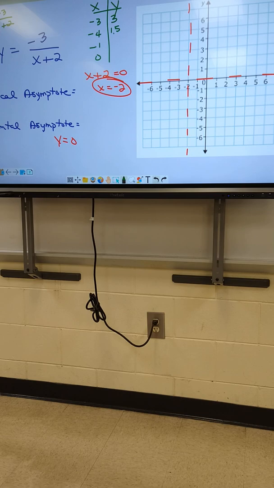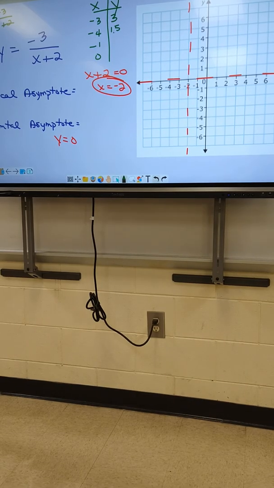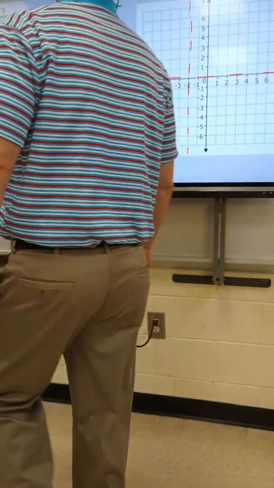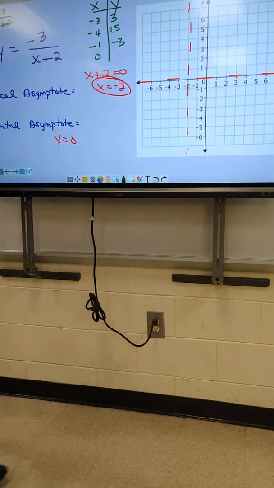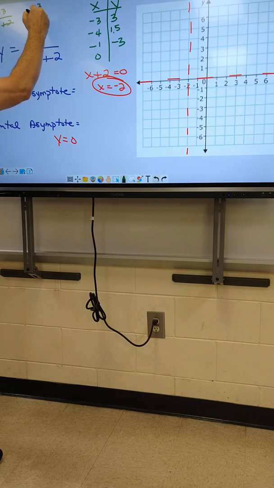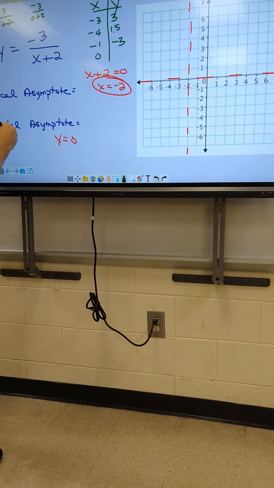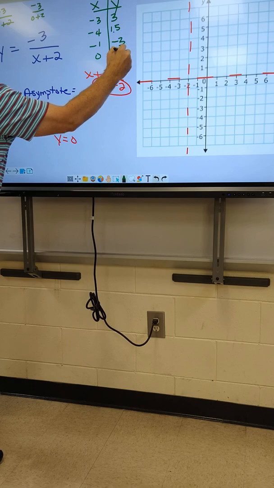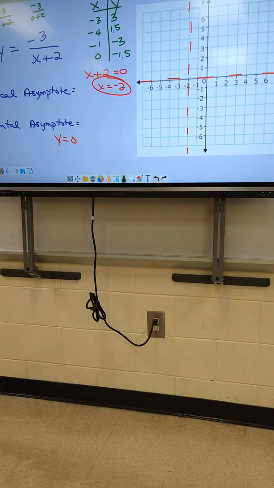So let's do it this way. All right, so let's go fraction button. On top is negative 3. On bottom, you said plug in what? Negative 1? Negative 1 plus 2. You get negative 3. Okay. Well, I hadn't done that one yet. So that was negative 3. All right, and then when you plug in 0, it'll be negative 3 on top, 0 plus 2. It's going to be negative 1.5. Check my answers, guys. Make sure we got the same answers.